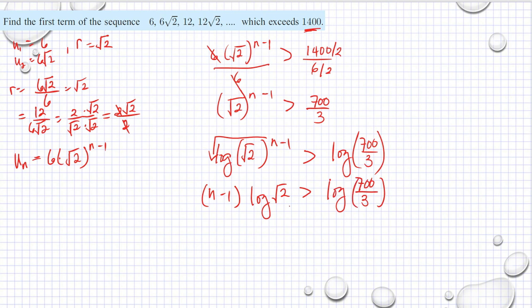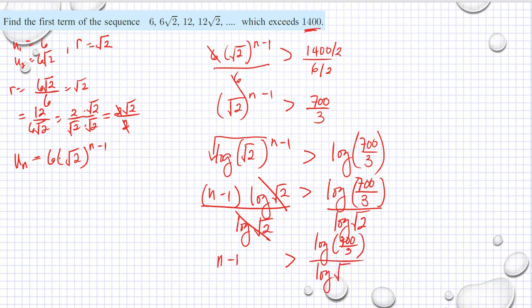So if we divide both sides of the inequality by logarithm of square root of 2, then we have n minus 1 is greater than logarithm of 700 divided by 3 divided by logarithm of square root of 2.